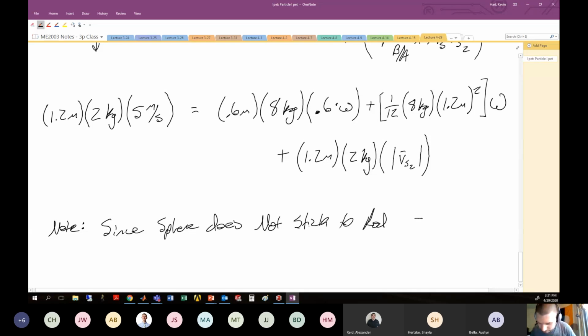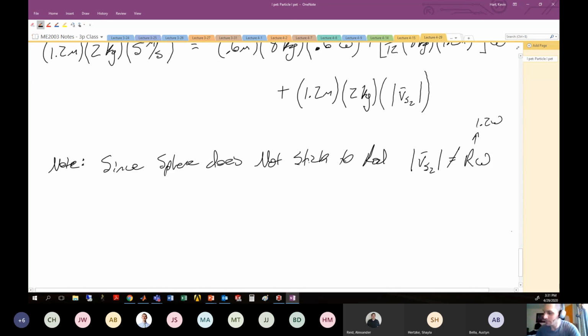It is not the case that the magnitude of the velocity of the sphere in state number 2 is equal to r omega. That is not the case. Or this might be something like 1.2 omega. That is not true. If you write that on your paper, incorrect, because it doesn't stick to the rod. It bounces off. We don't have this sort of perfectly plastic impact anymore.